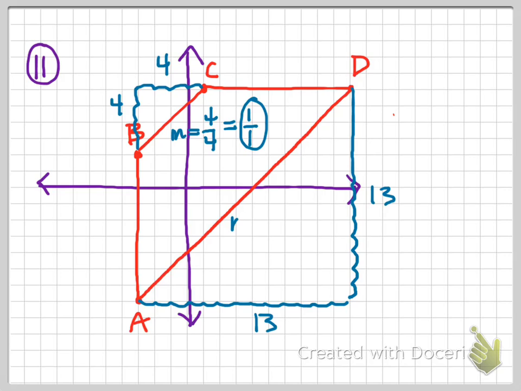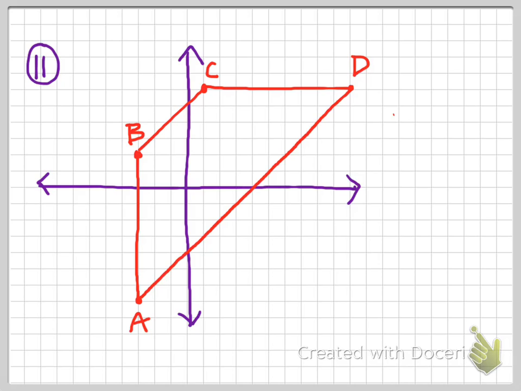So if I simplify this slope of 13 over 13, we also get a slope of 1. So because those two slopes are congruent, we can say BC and AD are parallel, which means, yes, we do have a trapezoid. Now we need to figure out, is it an isosceles trapezoid?